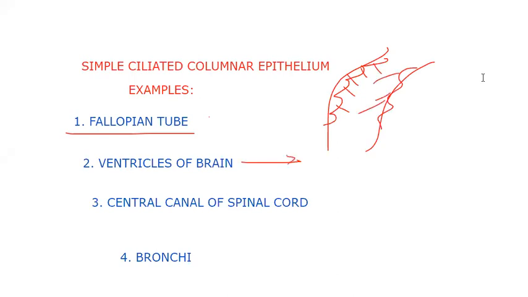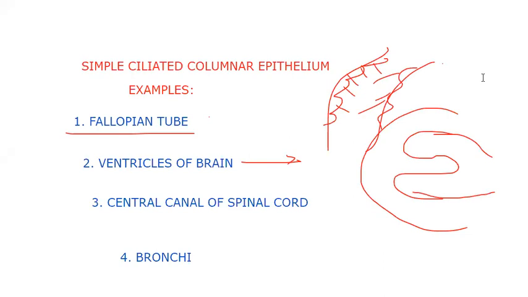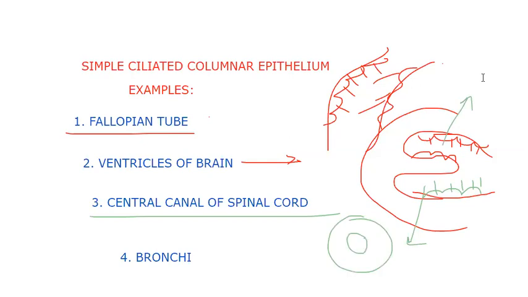Ventricles of the brain: in the brain we'll find some empty hollow spaces, and these hollows are called ventricles. The ventricles are lined with ciliated columnar epithelium. We have specific names for them, like paracele, diacele, myelocele, which we'll get to in future. Central canal: in the spinal cord, in the center, we'll find this central canal, which is also lined with ciliated columnar epithelium.